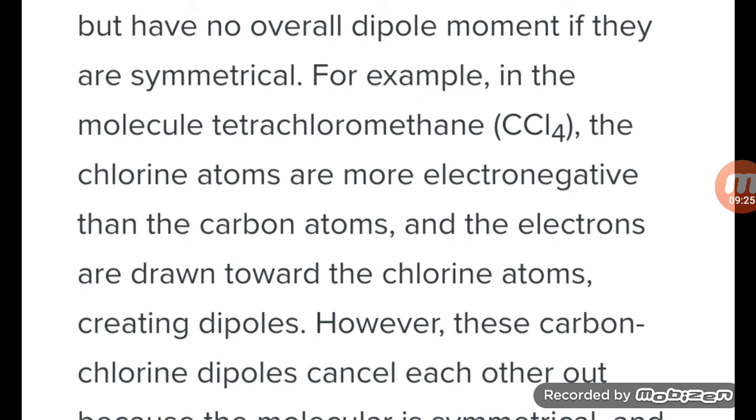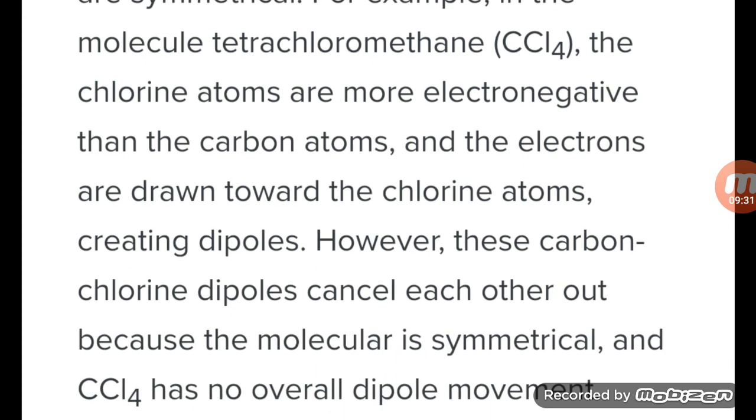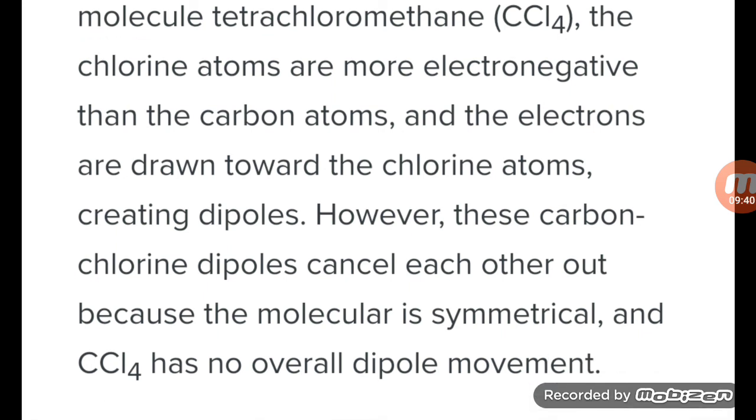Definitely the carbon is slightly positive and chlorine is negative. However, the carbon-chlorine dipoles cancel each other out. A little math is involved here, but because of the orientation and the symmetry of the molecule, CCl4 has no overall dipole moment.